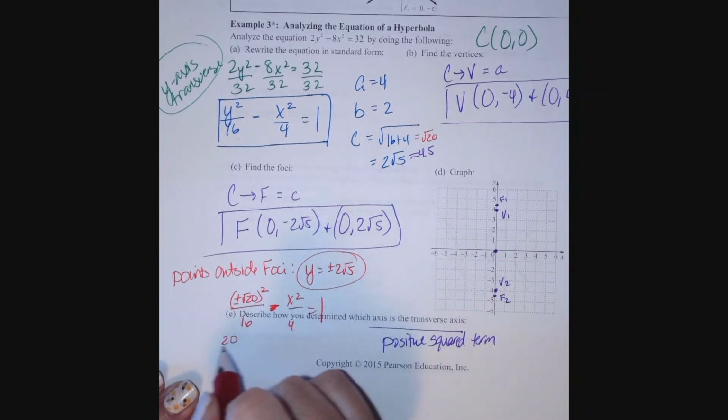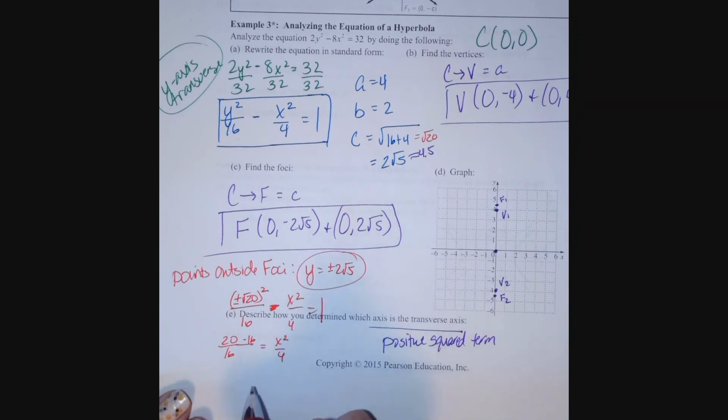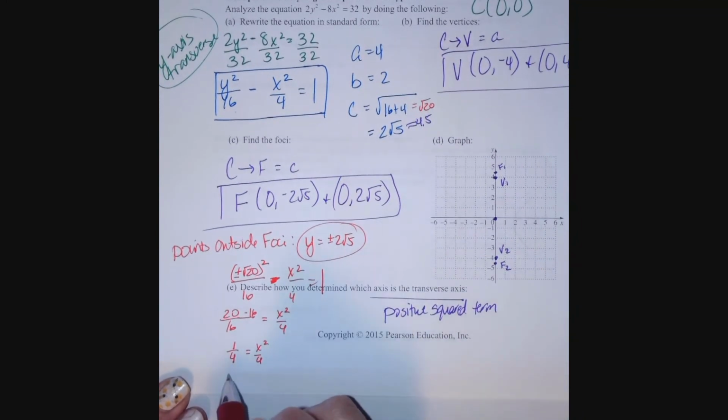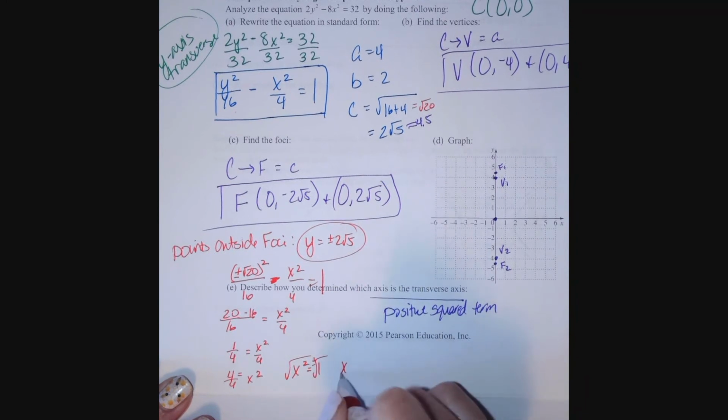So that's 20/16, minus 1 when I move this over, so minus 16, equals x squared over 4, which gives me 4 over 16, which is just 1/4, equals x squared over 4. I multiply both sides by 4, and I get 1 equals x squared. Take the square root, and I have x equals plus or minus 1.